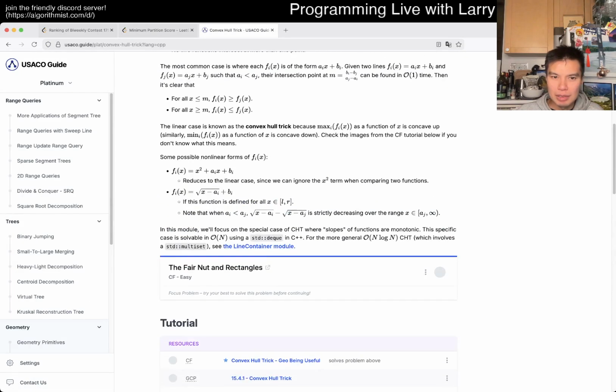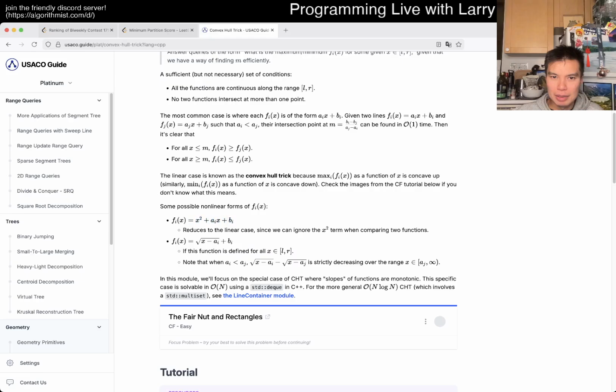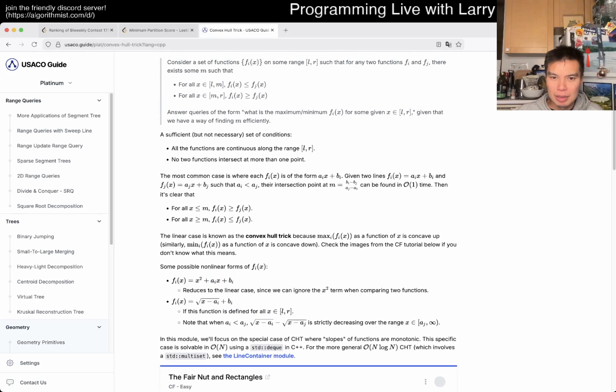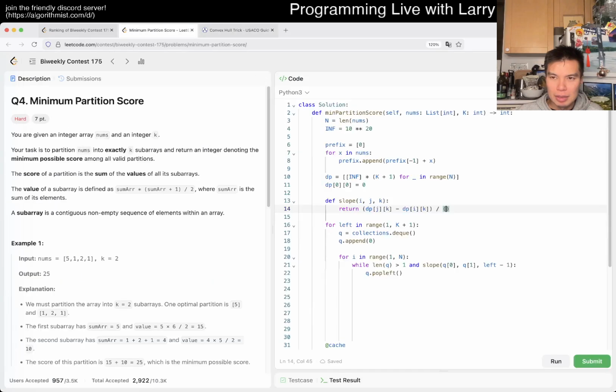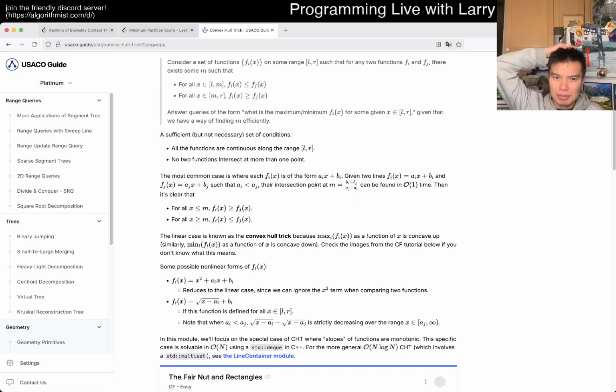This is where this part comes in, but the slope, is it the sum? Actually, I don't know.